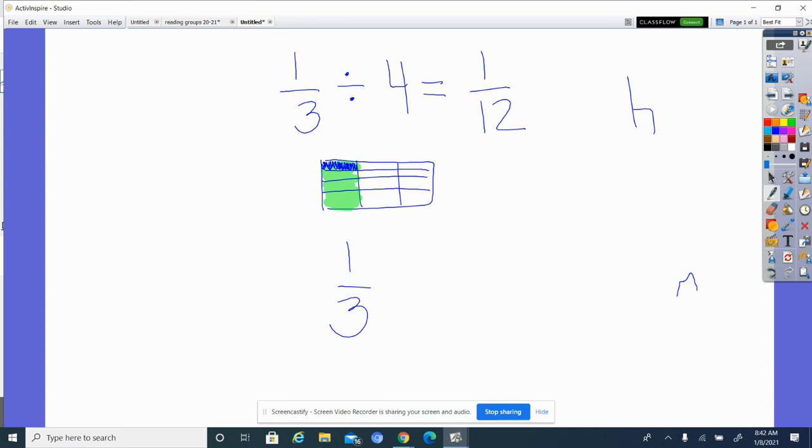I could make this a fraction already, right? Now, let's flip it over. What's it going to become? 1/4. I invert and multiply. Okay, now what do we do? 1 times 1 is? 3 times 4 is? 12. Same answer.